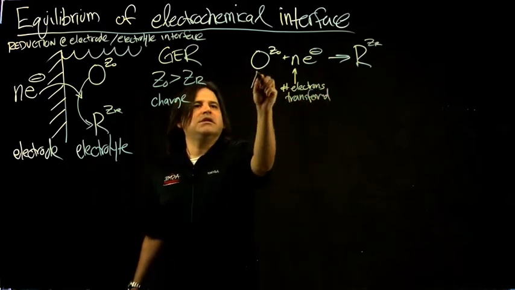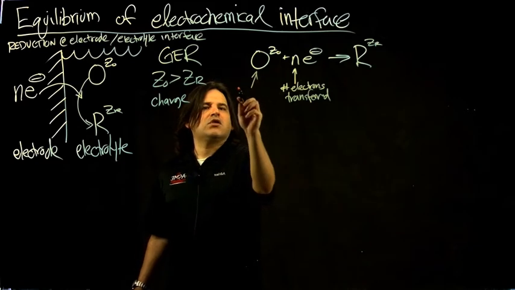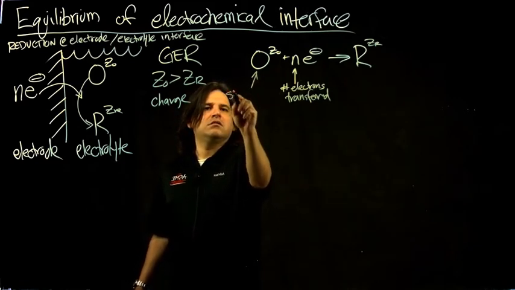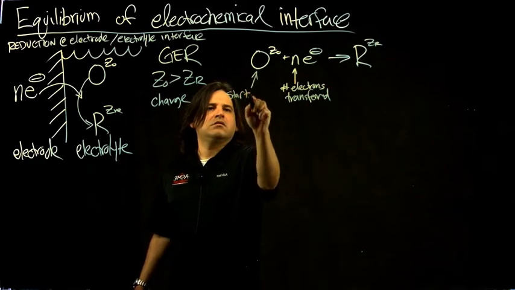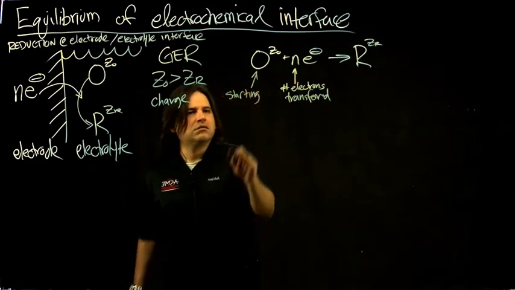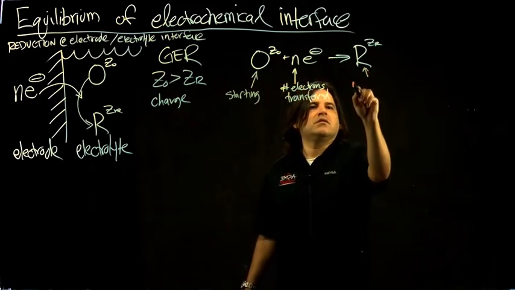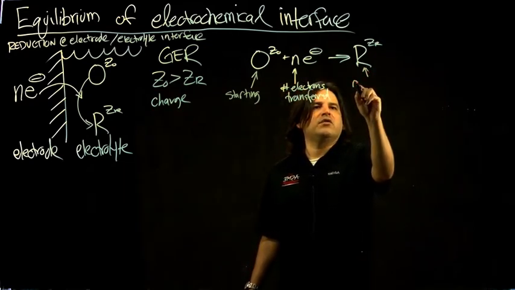This is the starting species. We just call it O. And here is the product after reduction.